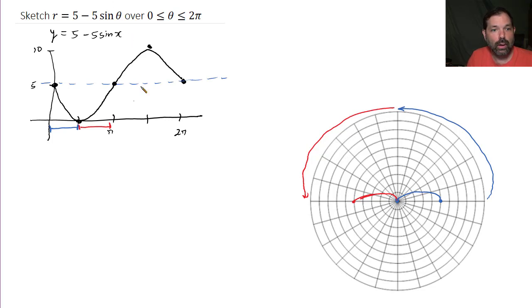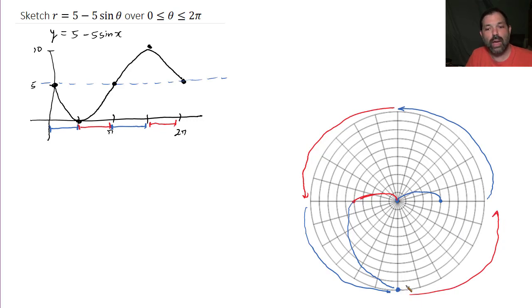Then, from pi to 3 pi over 2, the radius has to increase from 5 to 10. And then from 3 pi over 2 to 2 pi, the r value has to decrease from 10 back to 5. So we get a shape like that. And that's a lot quicker.